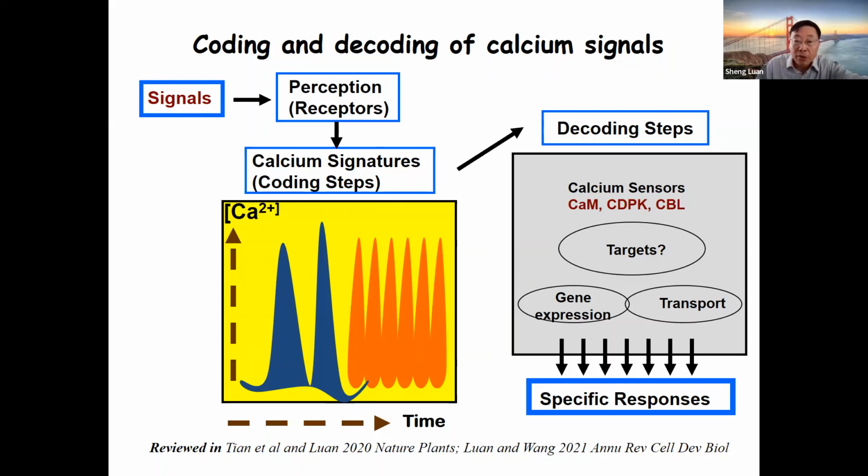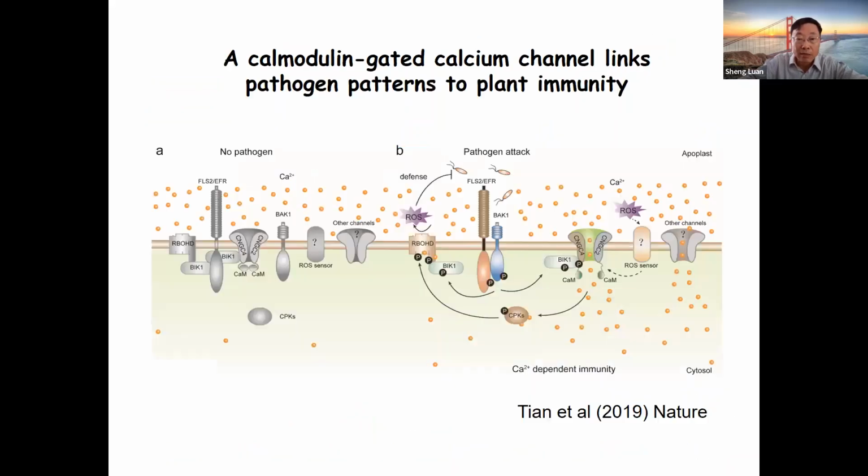And I'm going to give you just very quickly a couple of examples of how we study calcium coding mechanisms, and then focus most of my time on the decoding mechanism, especially the CBL-CIPK signaling network, and how that network regulates mineral nutrient homeostasis. So to start, I want to show you a couple of examples of how we work on this coding mechanism.